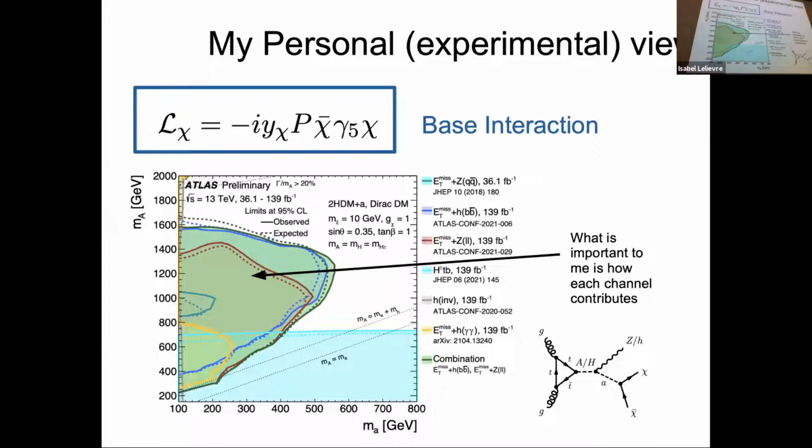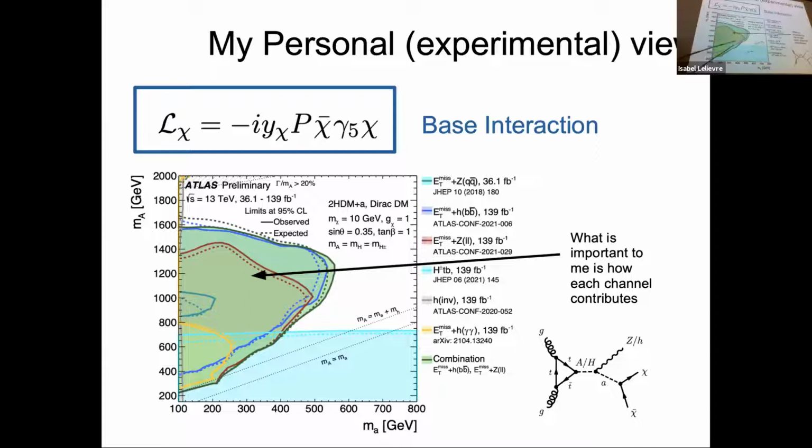In the case of this 2HDM, which is a very well-motivated model, people often say this is the simplest way to embed a pseudoscalar into the standard model. It turns out your bounds for mono Higgs and mono Z are the most sensitive. You can make a plot like this, where I'm varying one of the scalar masses, fixing the other 3 to be constant, and varying the pseudoscalar mass.